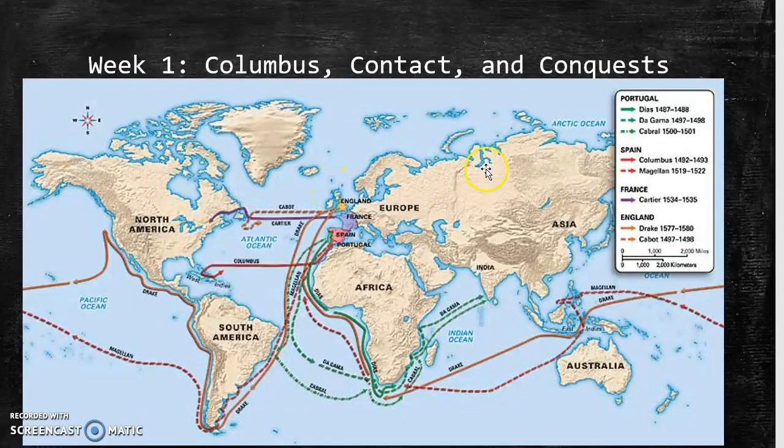That's what we did in week 1. So here's a world map. I imagine you've seen something like this at some point in your life. A world map that shows some of the earliest dates in which these European explorers were sailing to different parts of the world, exploring, yes.